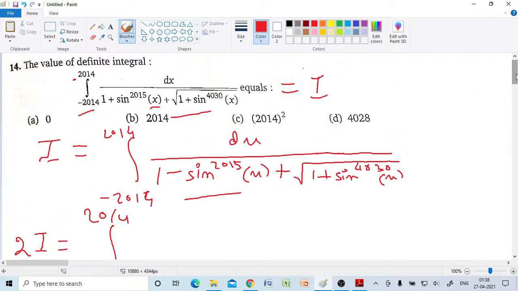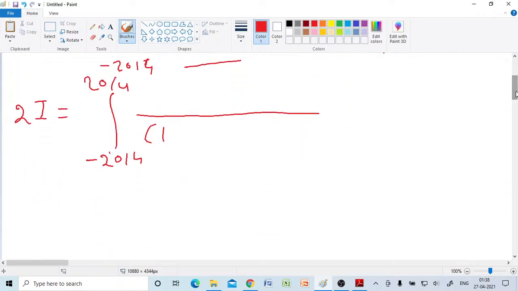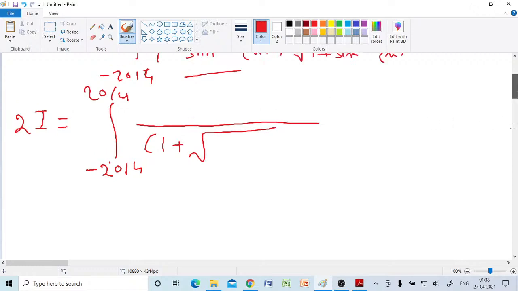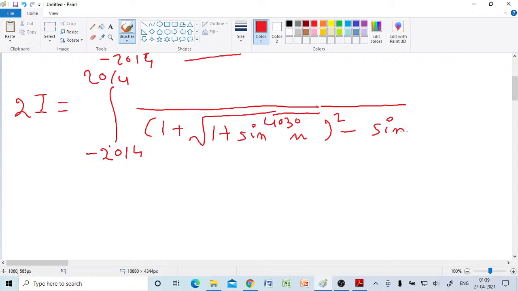if we add them, then the denominator will get multiplied, and it will look something like 1 plus root over 1 plus sine 4030 x, squared, minus sine of 2015 x squared, that is sine 4030 x.